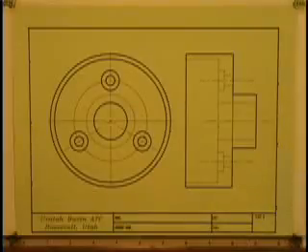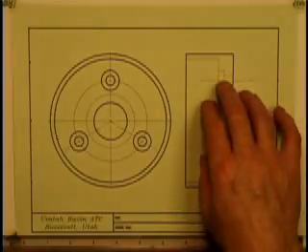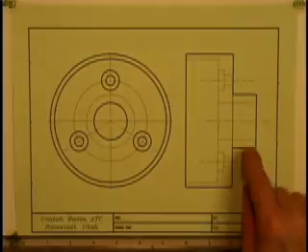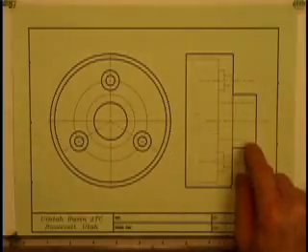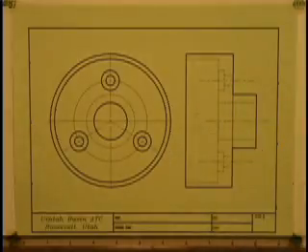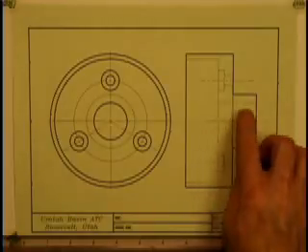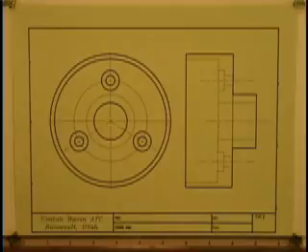And so once you do that, this view that is a regular orthographic view with hidden lines and all those things will change because you will be looking at the inside of the part. And so these lines that are hidden lines now will become object lines.